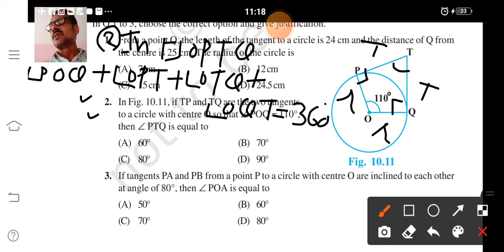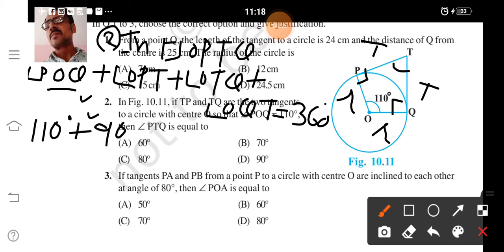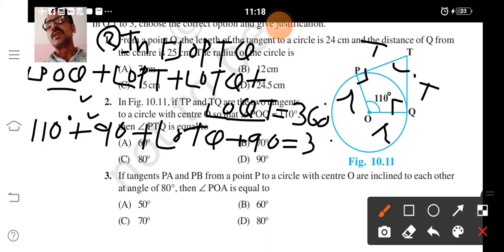Here write the reason in the bracket: angle sum property of quadrilateral. Now angle POQ we have 110 degree, OPT 90 degree, OTQ, that means angle T, we want, and OQT, alphabet Q, 90 degree equals 360 degree.